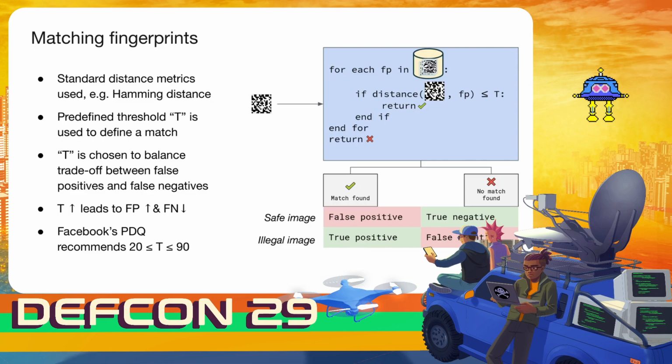Increasing the threshold T would lead to more images being flagged as positives, so more false positives and fewer false negatives. Facebook's PDQ, which can have a distance from 0 to 256, recommends a threshold of 20 to 90 for efficient and good working of the system.